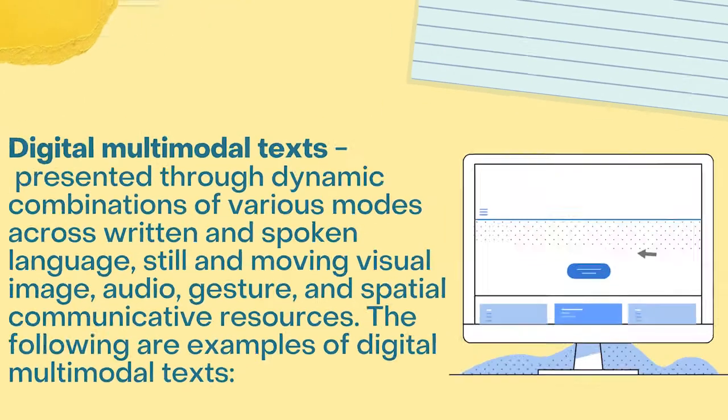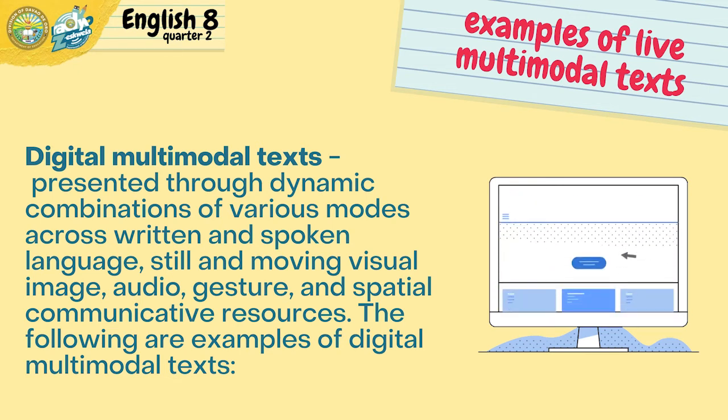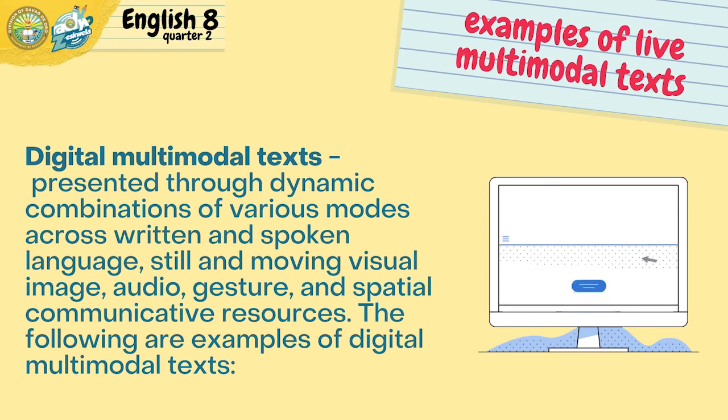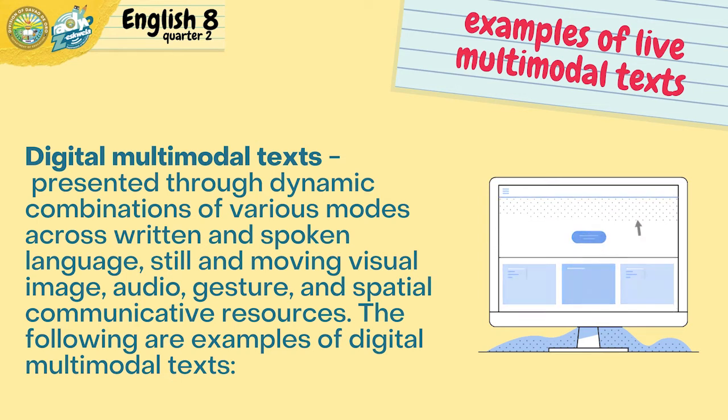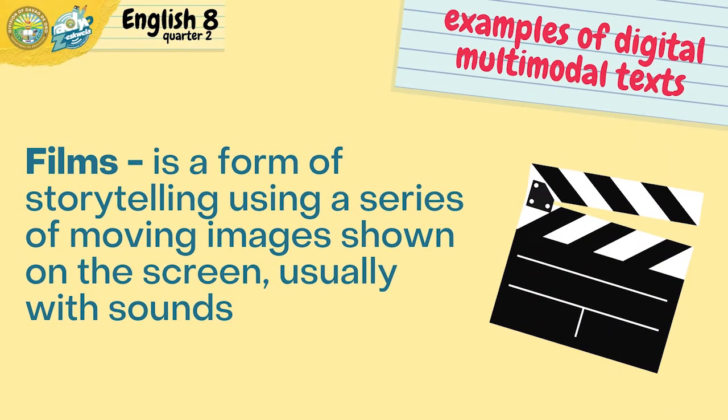Next, digital multimodal text is presented through dynamic combinations of various modes across written and spoken language, still and moving visual image, audio, gesture, and spatial communicative resources. And these are the examples of digital multimodal text. Number 1 is films.